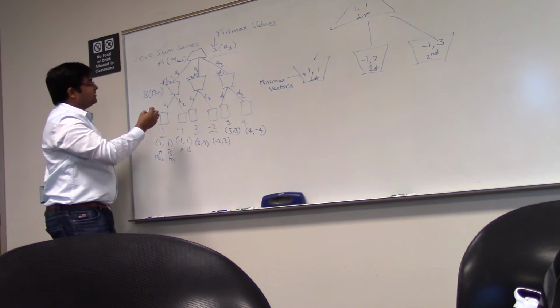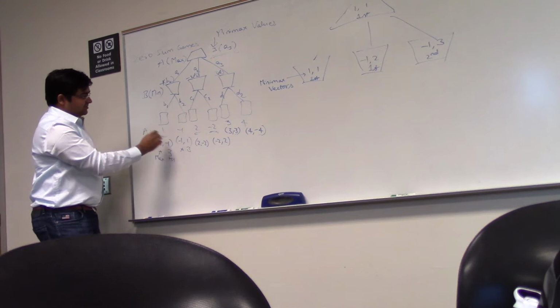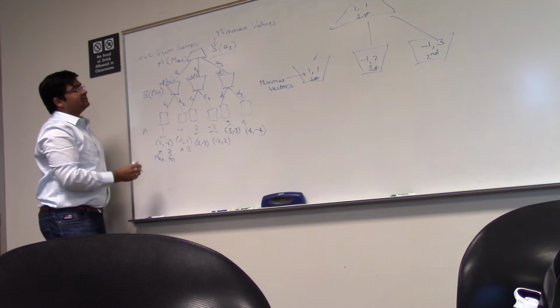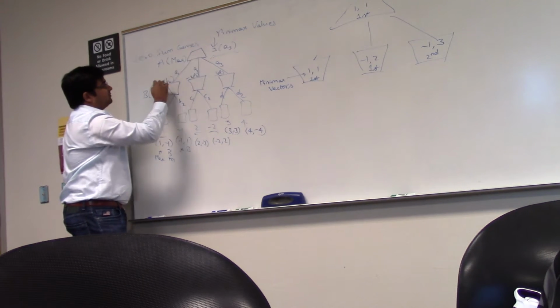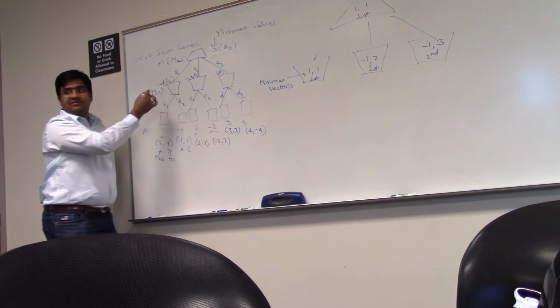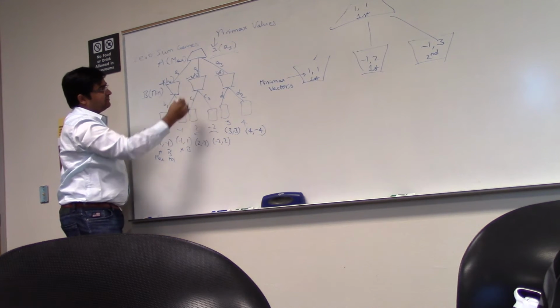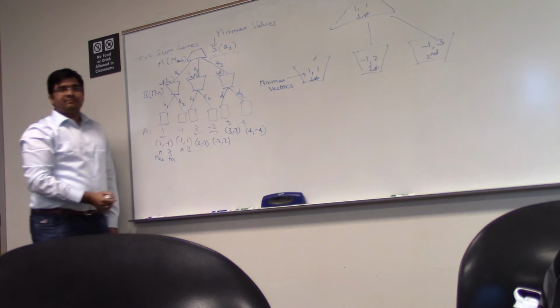Okay? Here what we do is that first we'll explore these two, and we figure out that here the best is -1. Now we tell the parent that okay, I found a way to get -1 reward. So whenever we are exploring the next set of actions, which is A2, I will pass down -1.